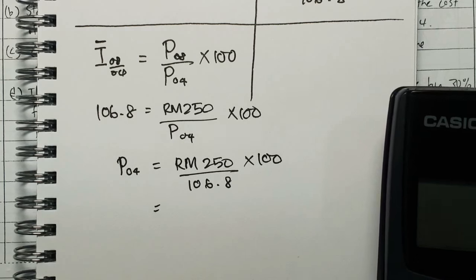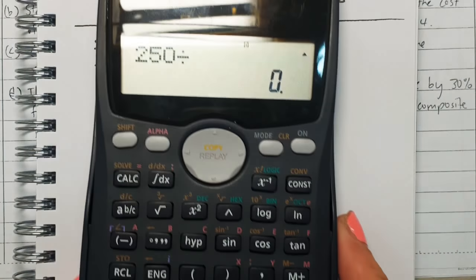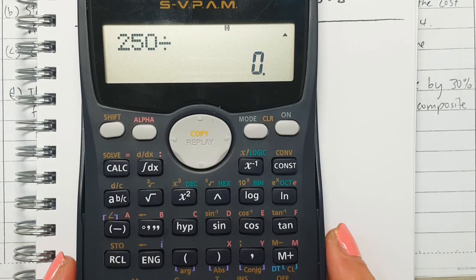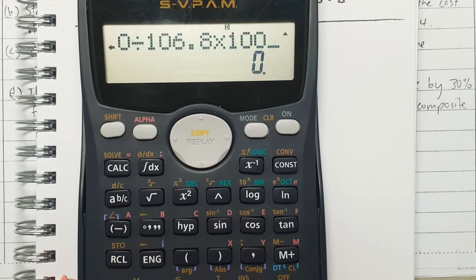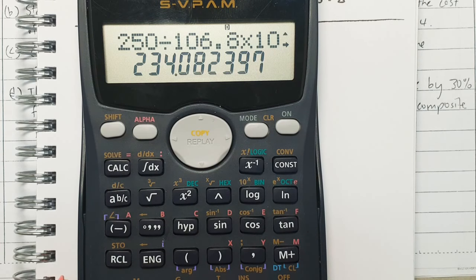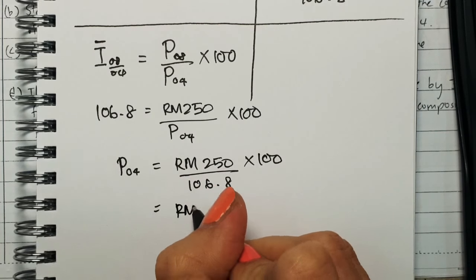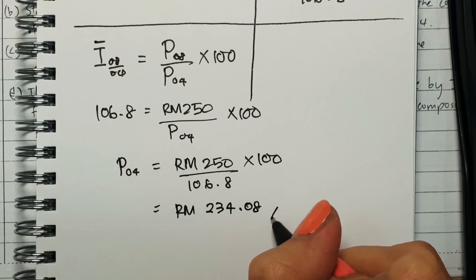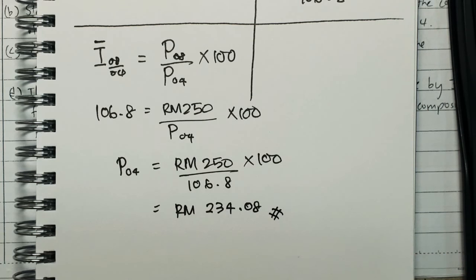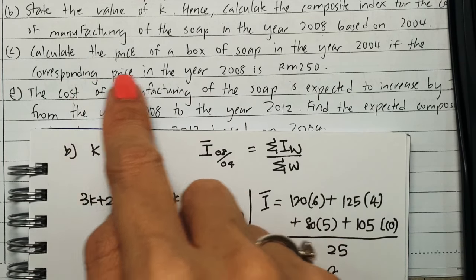Okay, so we take 250 divided by 106.8 times 100. So we will have 234 ringgit 08 cent. Yep, that is our answer, the price of the soap in year 2004.